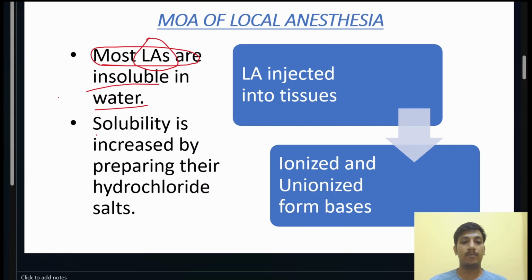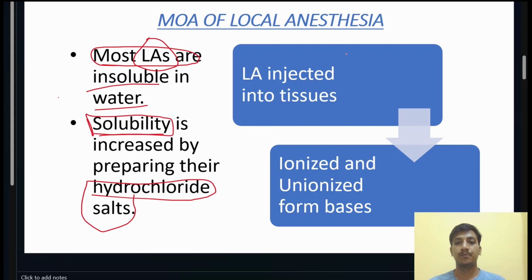So manufacturers prepare the hydrochloride salts of the LA to make LA soluble. Now, when LA is injected into tissues, it gets dissociated into ionized and unionized base forms.